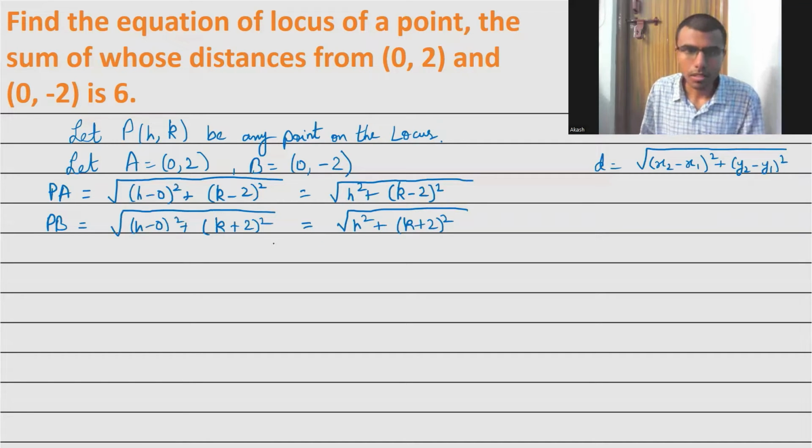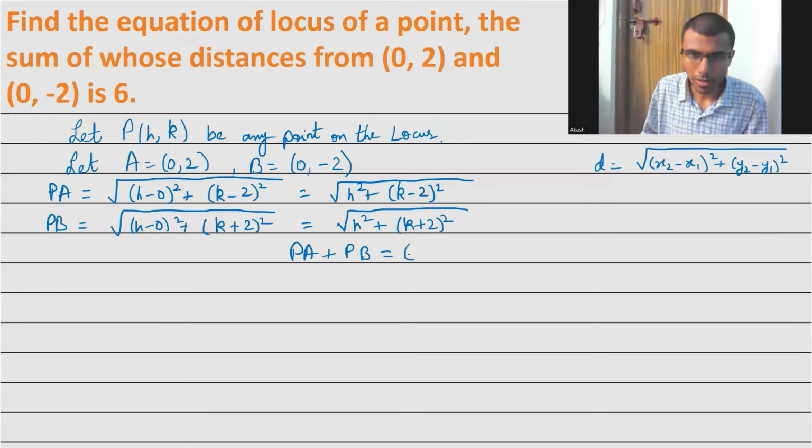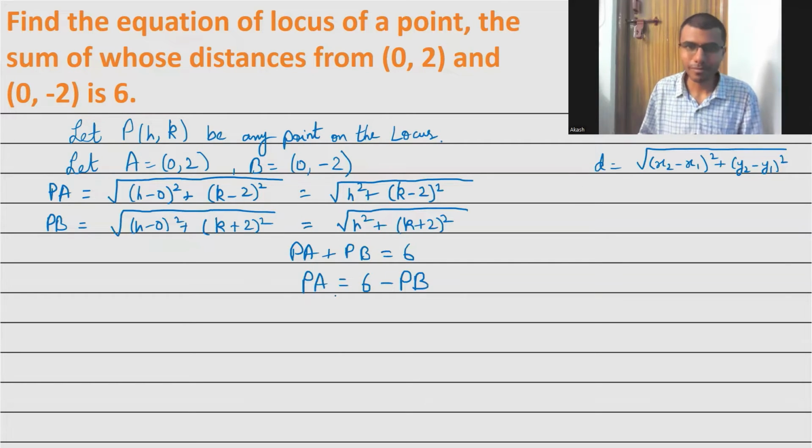Fine. Now, here it's given that the sum of distances is 6. So PA plus PB is equal to 6. And what I'm going to do is send this PB to the other side. So my PA is equal to 6 minus PB.